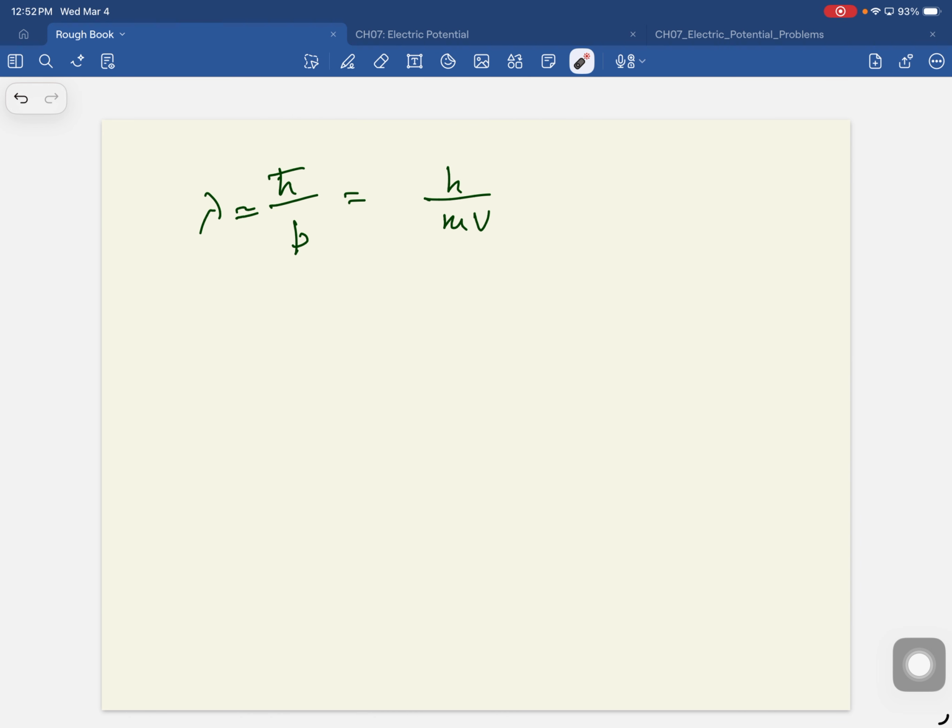See, this is the mass of the particle, this is the velocity of the particle, and this is the wavelength associated with it. What is this equation saying? The faster the particle is going, the shorter the wavelength, the more finely you can probe things. So you want to look inside a proton.